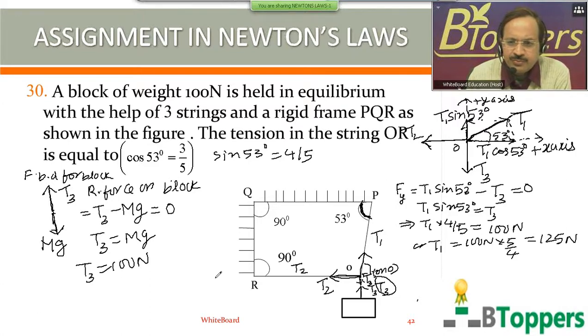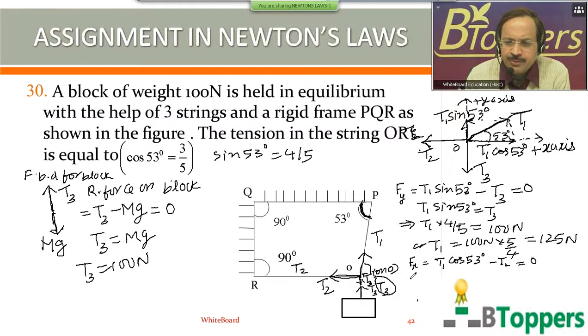Next, to find T2, we'll find Fx, that means the x component of the resultant force at O. The horizontal component of the tension T1 with magnitude T1 cos 53 degrees acts along the positive x-axis. The tension force T2 acts towards the left, in the negative direction of the x-axis. So the magnitude of the resultant force along the x direction can be written as T1 cos 53 degrees minus T2.